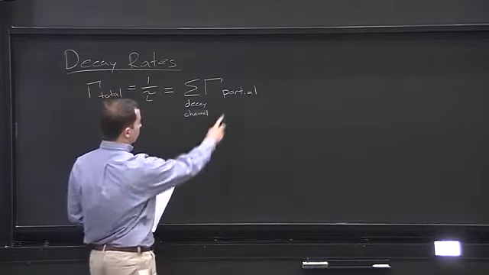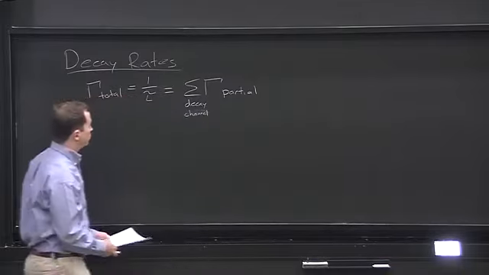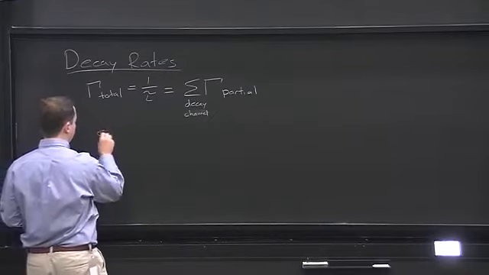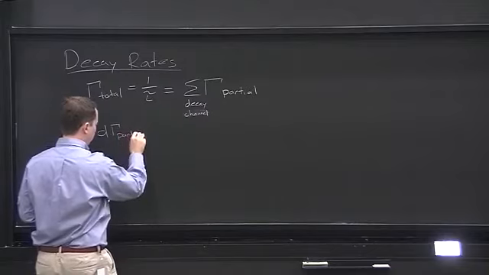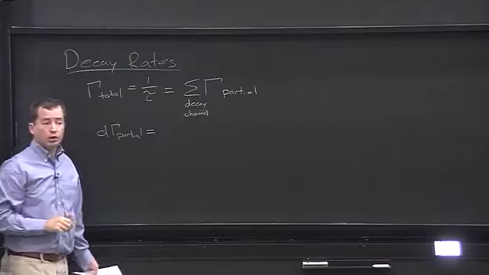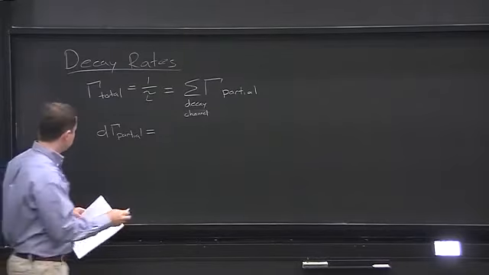And so the differential partial decay rate is what we'll be directly calculating. And so almost nothing changes compared to what we did for cross sections.